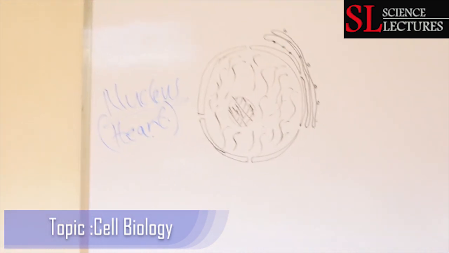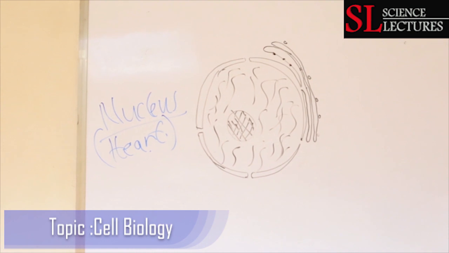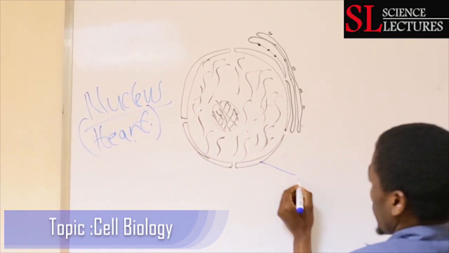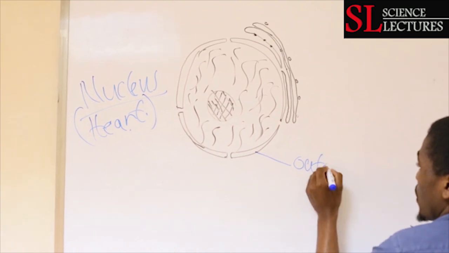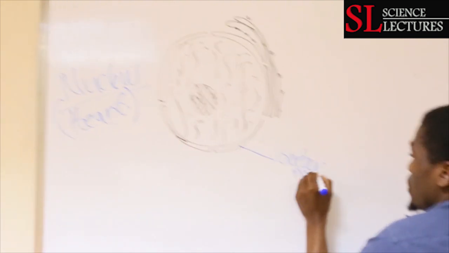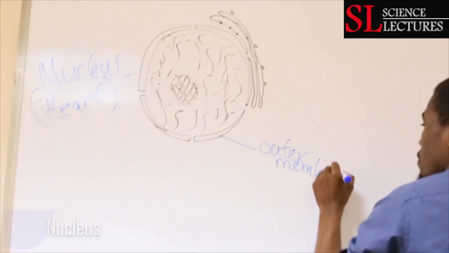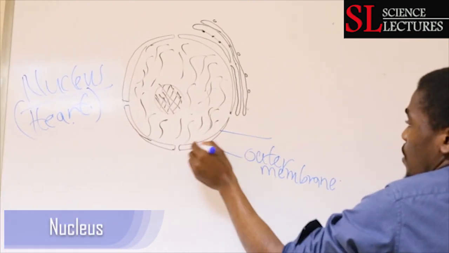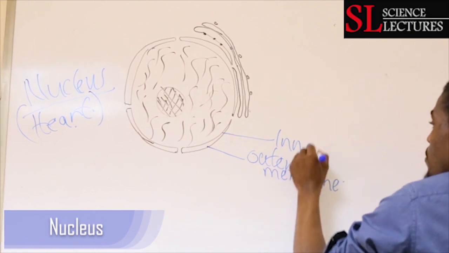The nucleus is a double membrane organelle, as we can see. It has two membranes: the outer membrane and the inner membrane.